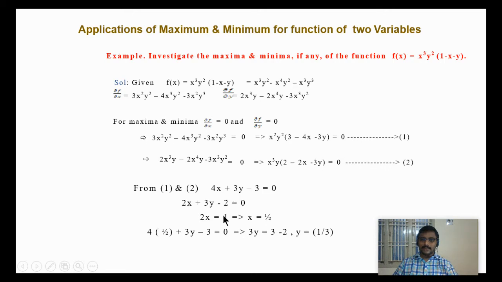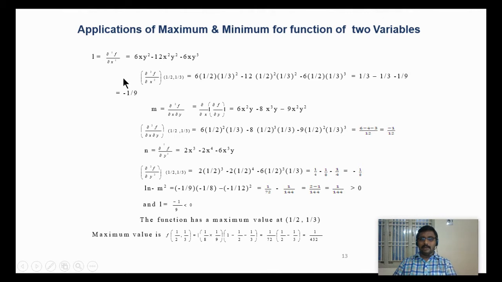That is 2x minus 1 equated to 0, which implies 2x equal to 1, hence x is 1 by 2. Substituting this value in either equation 1 or equation 2, we will get the y value, which is 1 by 3. So we have x is half and y is 1 by 3.